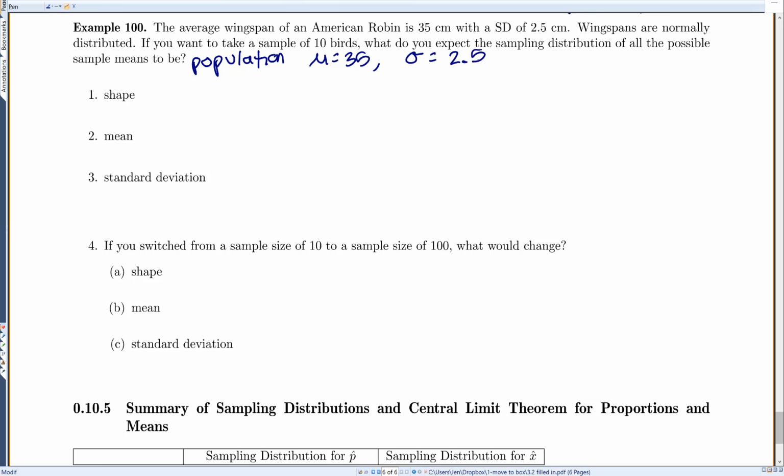If you want to take a sample of 10 birds, what do you expect the sampling distribution of all the possible sample means to be? So we're going to take a sample of 10. Well, our shape, n equals 10 is less than 30.